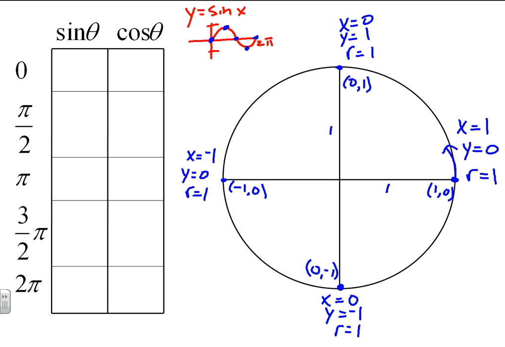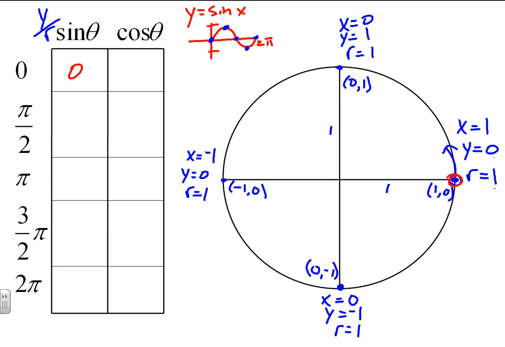Okay, so we come back up to sine. We're going to create our sine chart here, and we know that sine is y on r. So as we tour around this, our first location right here, we get y on r 0 on 1, and 0 on 1 is 0.